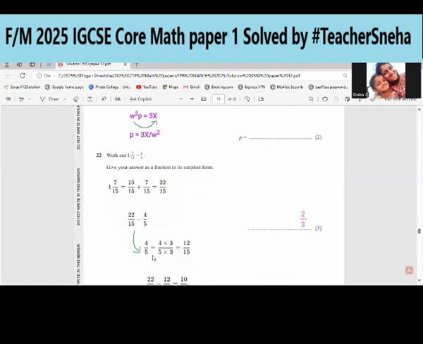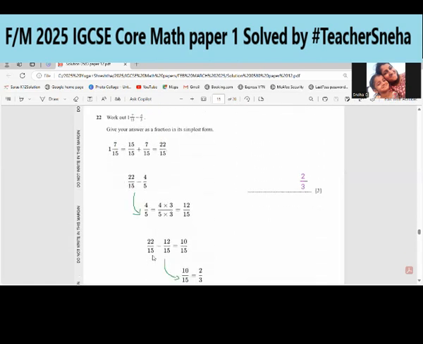Then question number 22 in this paper says work out the mixed fraction 1 7 upon 15 minus 4 upon 5. Give your answer as a fraction in its simplest form. Firstly, we convert the mixed fraction 1 7 upon 15 to a normal fraction, which is 22 upon 15. So 22 upon 15 minus 4 upon 5.